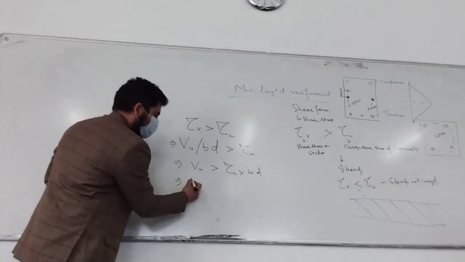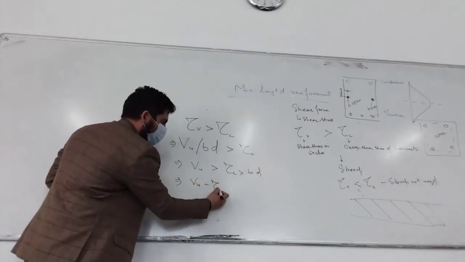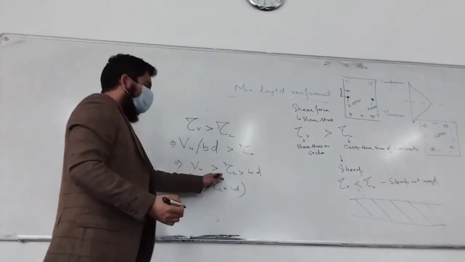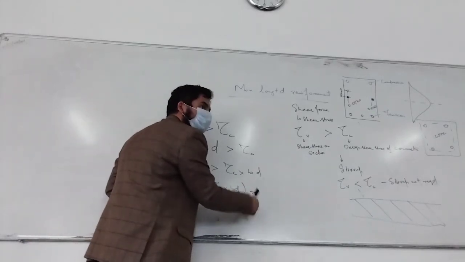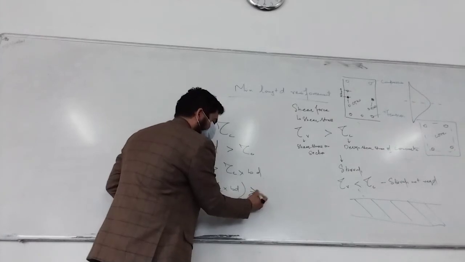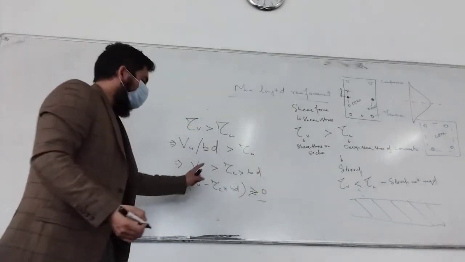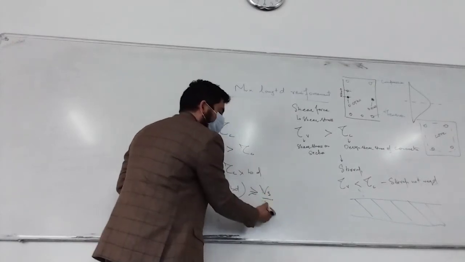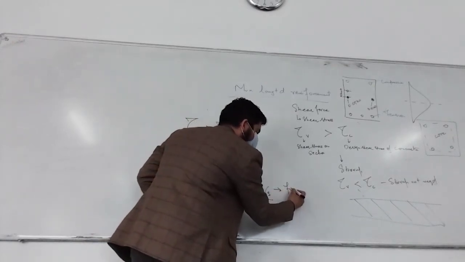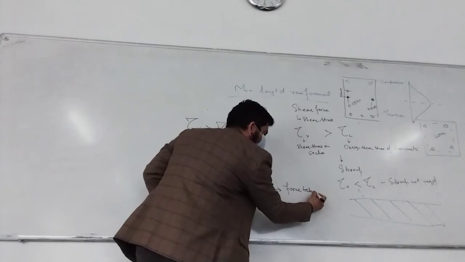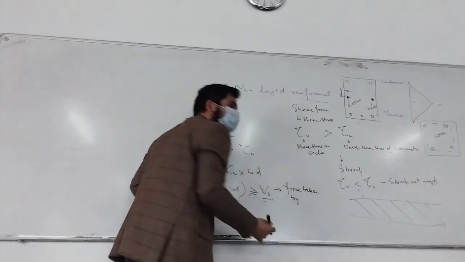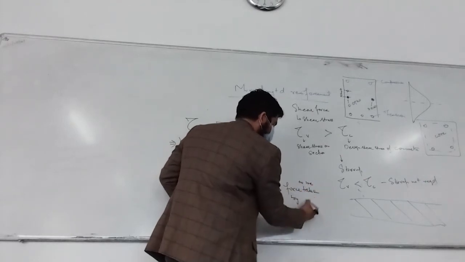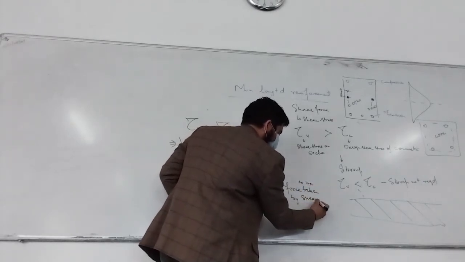Then Vu minus tau c into bd will give you some value which is greater than 0. What is it giving you? It's giving you Vs, the force to be taken by shear reinforcement.